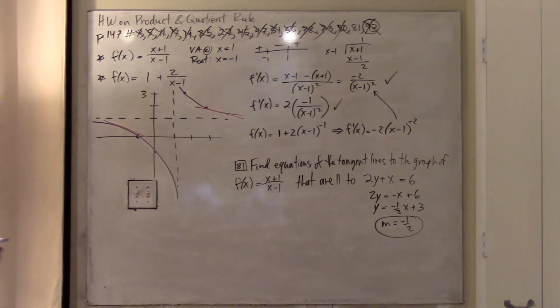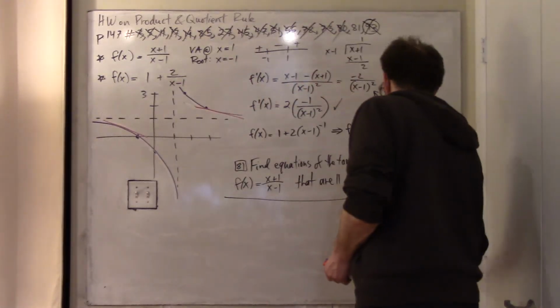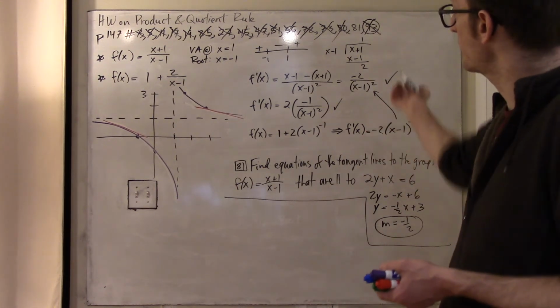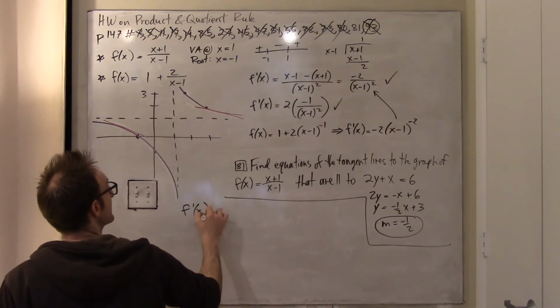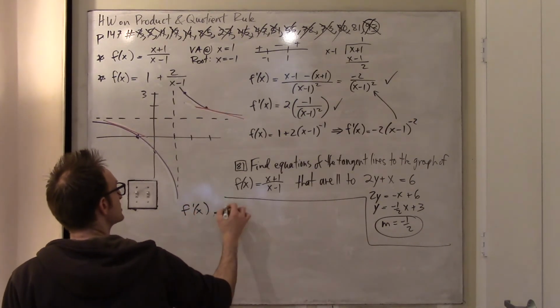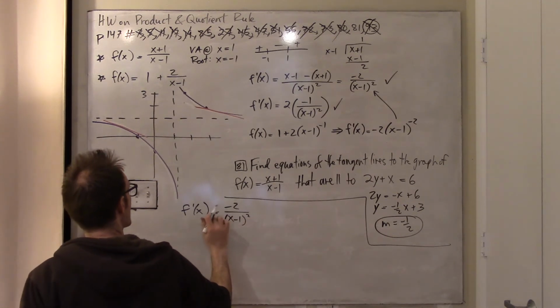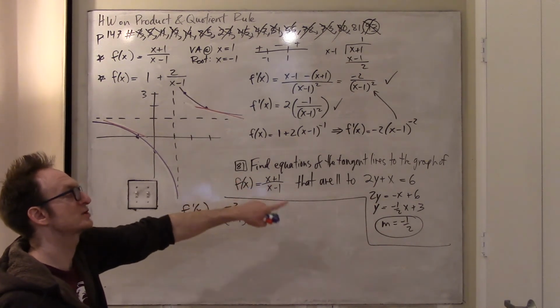The point of all this is that now I have a formula for the derivative. The derivative of this function is negative 2 over (x minus 1) squared. And I want to know when the slopes of the tangent lines are negative a half.